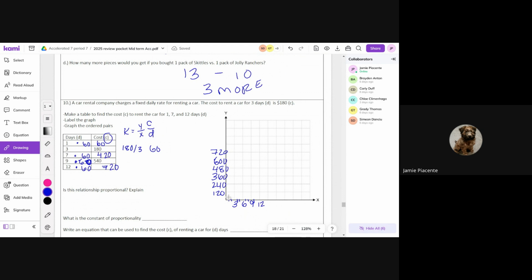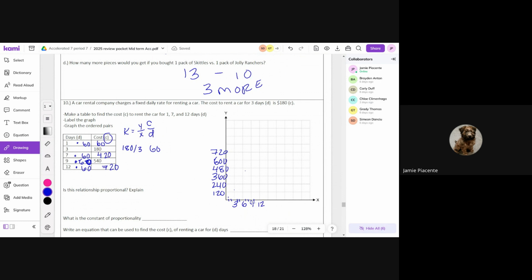We need to go 160. So over 1, up 60 is about here. Okay. Then we have to do 3. 180 is about here. 7, 420 is about like here-ish.